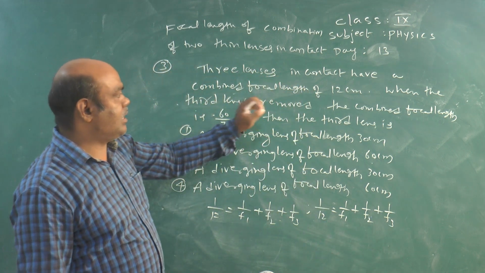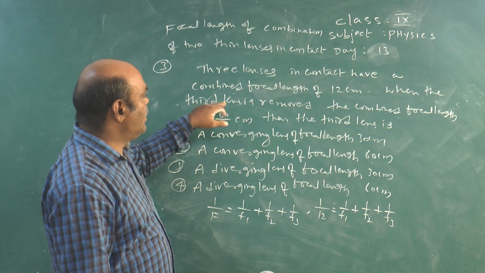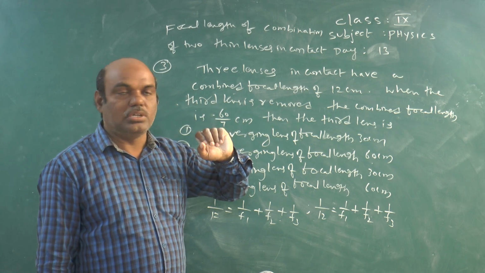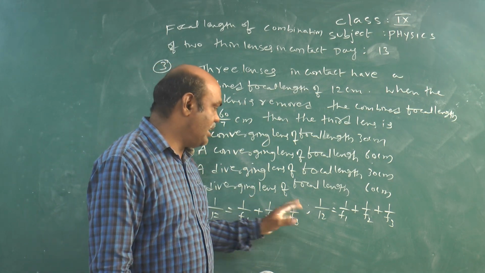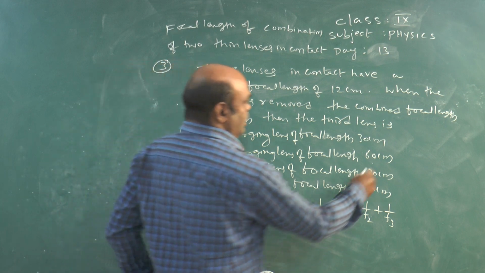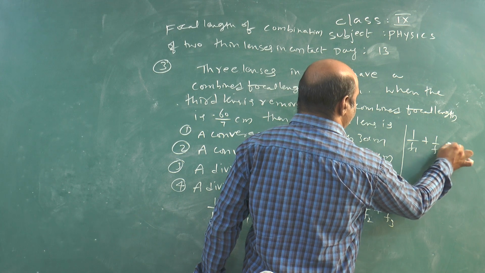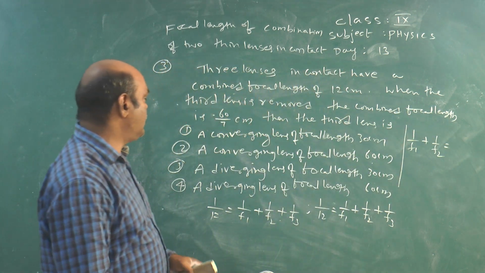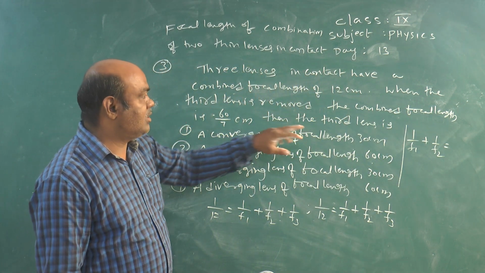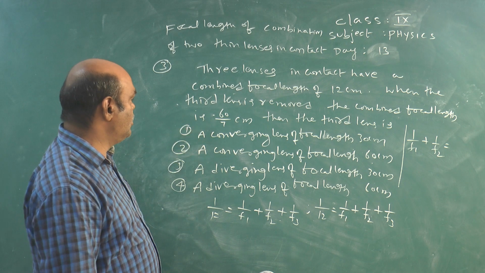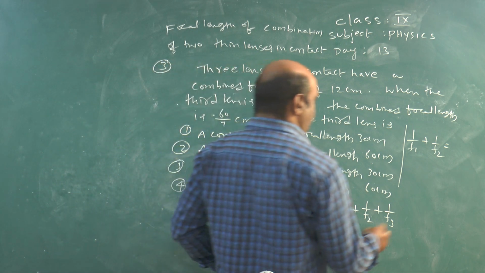But here the condition is when the third lens is removed. Removed means 1 by f3 is not there, so that means 1 by f1 plus 1 by f2 only, the combined focal length is 60 by 7.